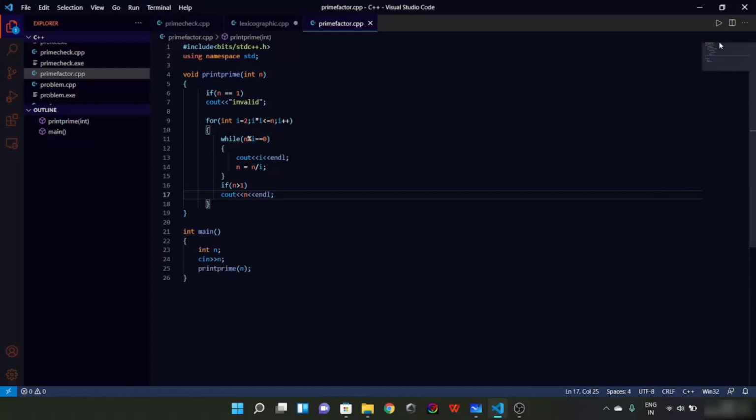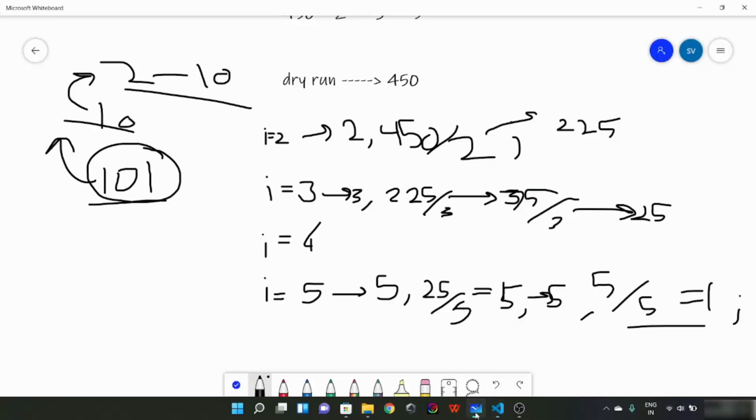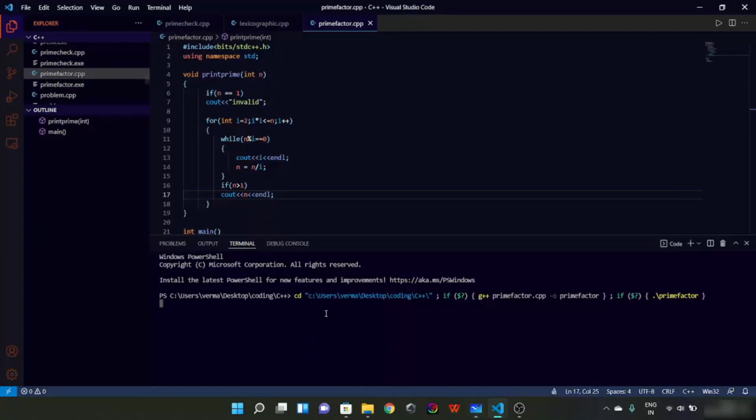Now let's try to run it for a solution. Suppose 450, right? User input is 450. I guess we're printing something.